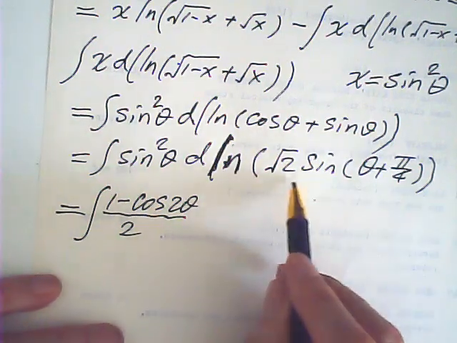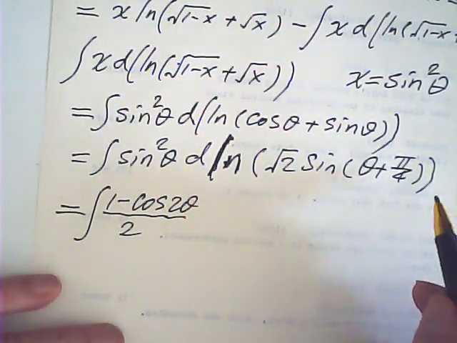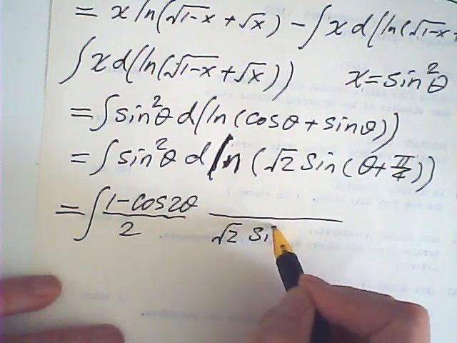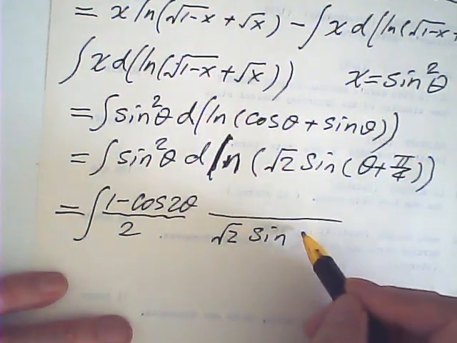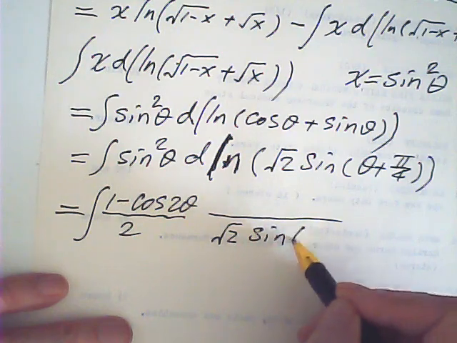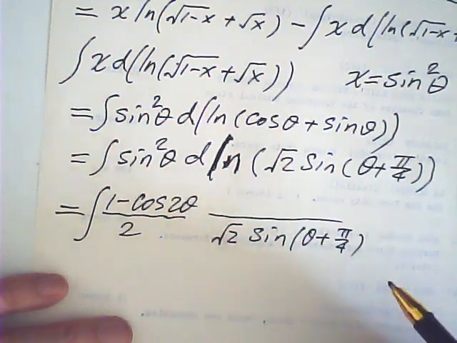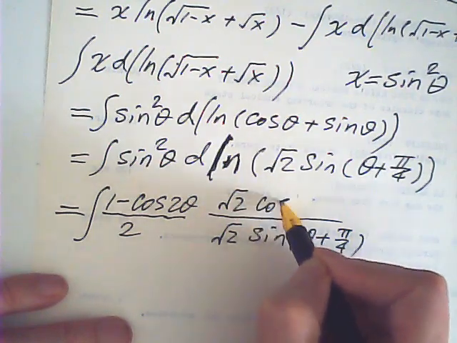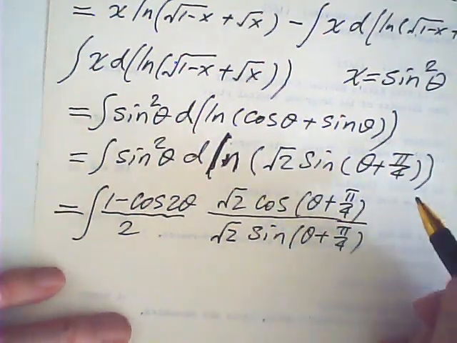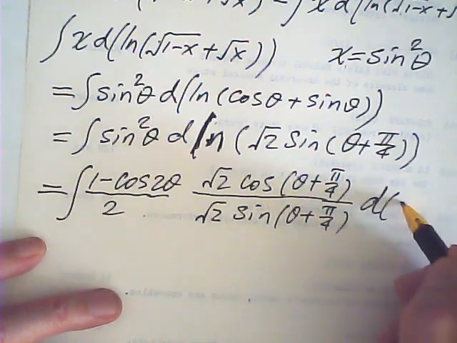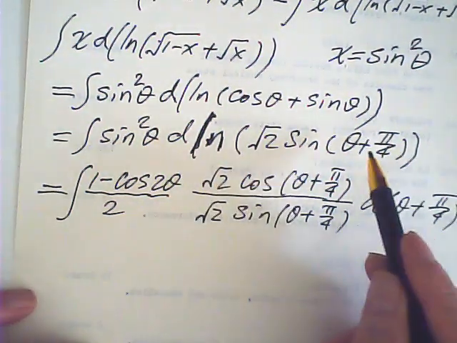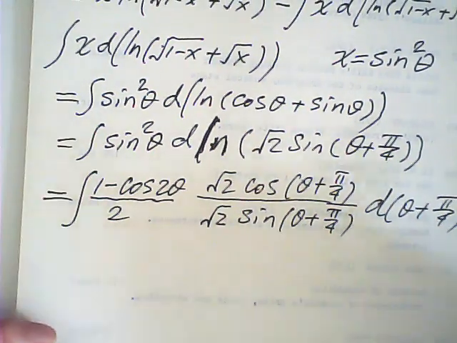This derivative with respect to theta is equal to root 2 times sine of theta plus quarter pi, right? This one times the cosine, and the d. Okay, simply it means the derivative with respect to theta plus quarter pi.